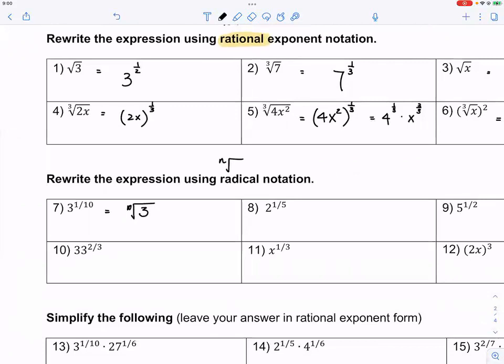Okay, I'll let you write down, finish number 8 and number 9 first. Okay.